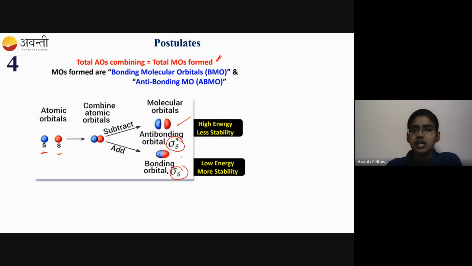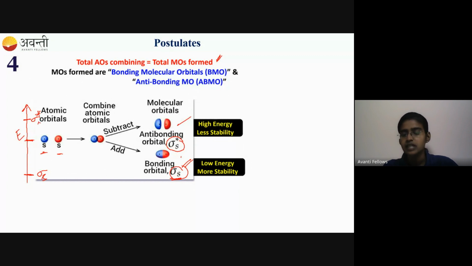These two molecular orbitals that are getting formed are called the bonding molecular orbital and the anti-bonding molecular orbital. So which is bonding and which is anti-bonding? The one which is lower in energy than the atomic orbital is bonding. Let me take energy as increasing in this manner, and this is the energy level of the atomic orbital. Now let me take this as the energy level of sigma s, and this as the energy level of sigma star s.